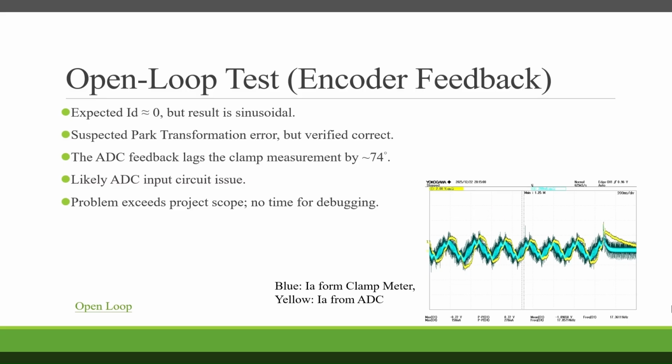Let's see this graph. The blue line is current A from the clamp meter. The yellow line is current A from the ADC.